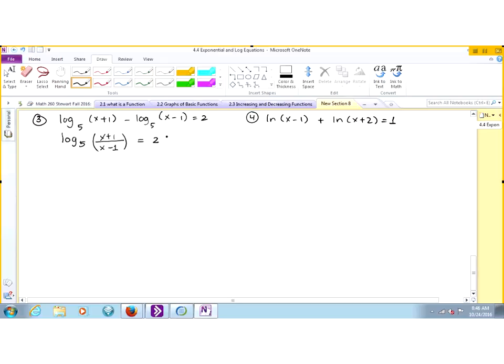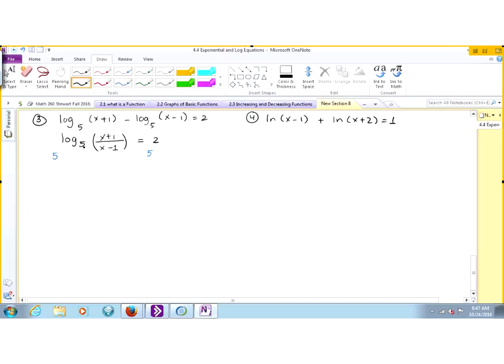Now, do I have one log expression on the left? Yes. How about on the right? Yes, also. So can I cancel the logs now? All right. How do we cancel the logs? Well, the base is 5. So if I take 5 raised to the left-hand side, and 5 raised to the right-hand side, then I will cancel the log.